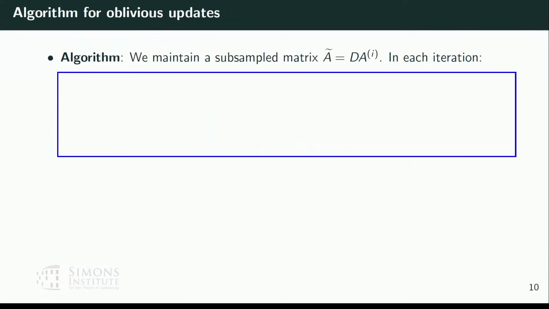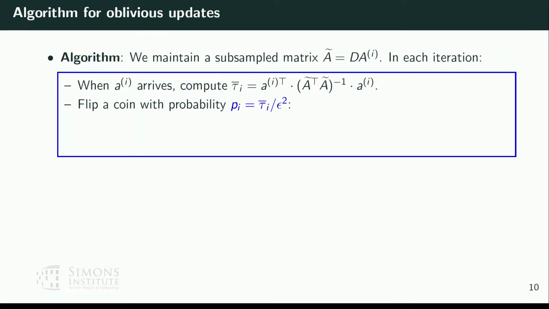Okay. So now, after we describe this, we're ready to describe the algorithm for oblivious updates. So in the algorithm, we will always maintain a subsampled matrix, where D is the sampling matrix according to the online leverage scores. In each iteration, when a new row arrives, we will first compute its online leverage score approximately by using the subsampled matrix that we already maintain.